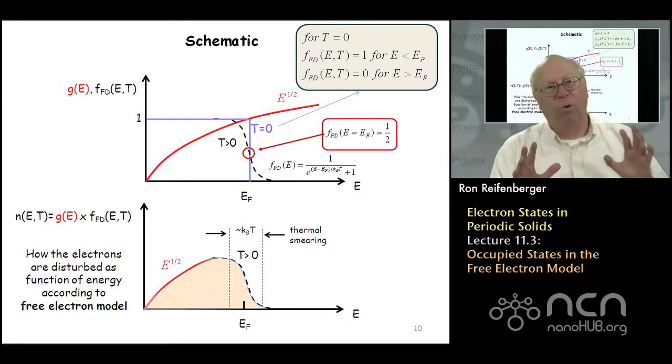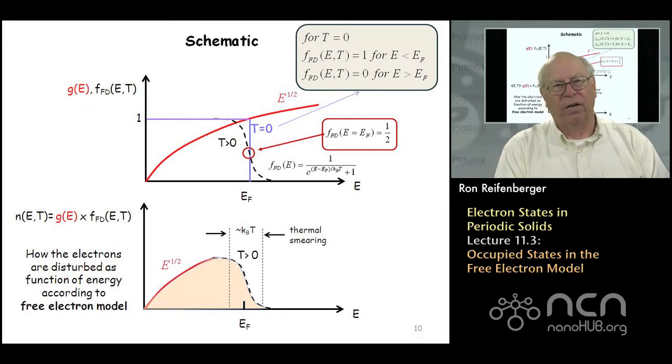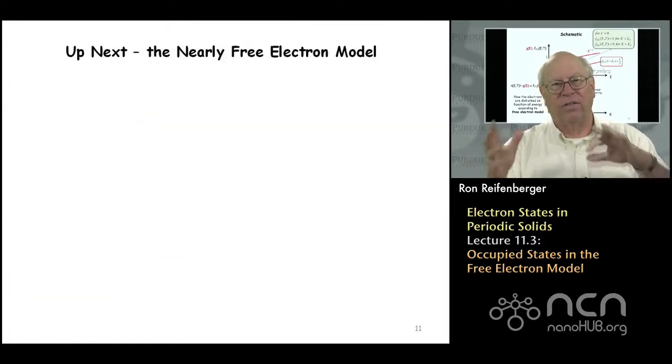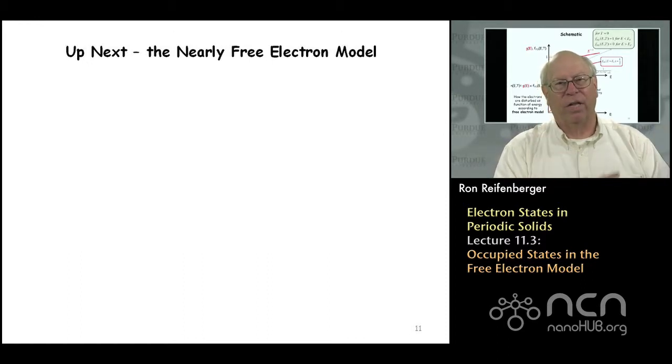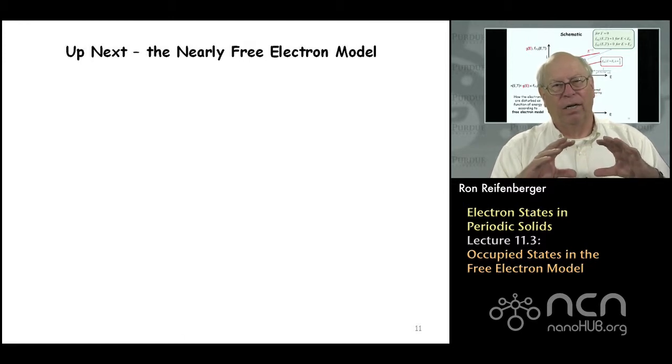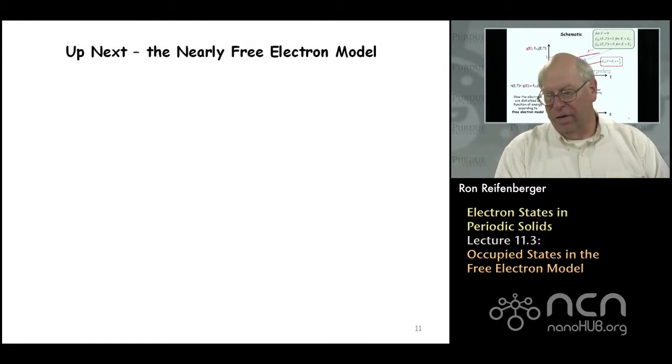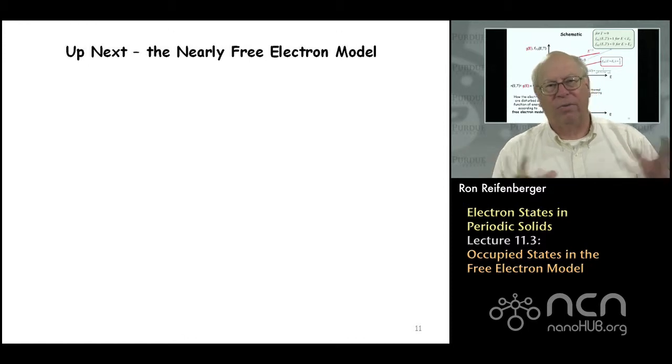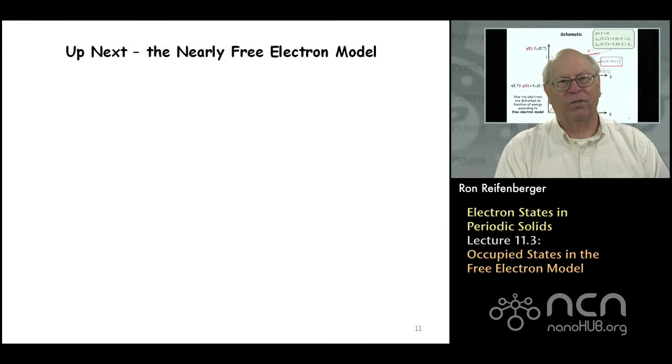We've only got a few more topics to cover in our discussion of electron states in solids. In the next lecture, we're going to discuss very briefly the nearly free electron model. This is an attempt to relax the rather unrealistic constraints of the free electron model that we've discussed for the previous two lectures.